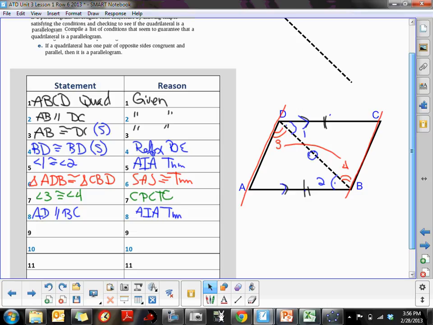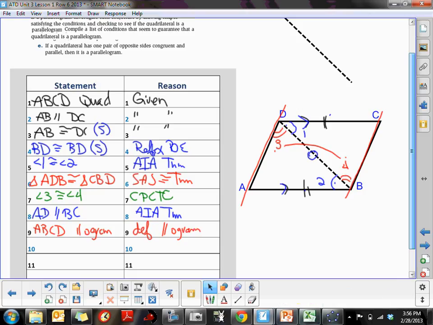And in the second case, since 3 and 4 had to be congruent by CPCTC, that forced the lines DA and CB to be parallel, and therefore we know that this figure ABCD has to be a parallelogram by the definition of a parallelogram.